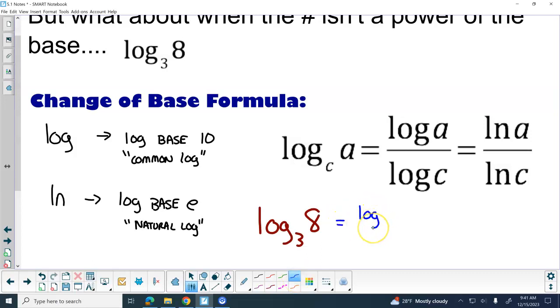I can use log of 8 divided by log of 3, or I can use natural log of 8 divided by natural log of 3. Either one of those I can use. However, on all of your calculators, as soon as you push the log button, it opens up a set of parentheses.